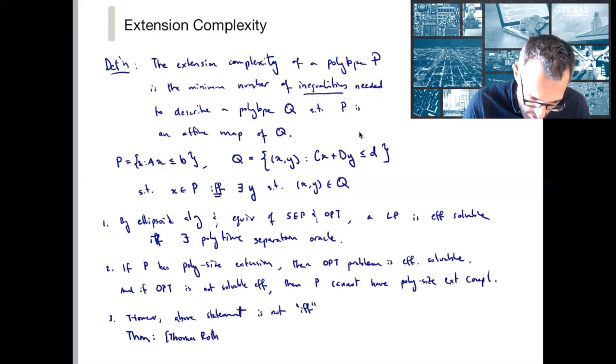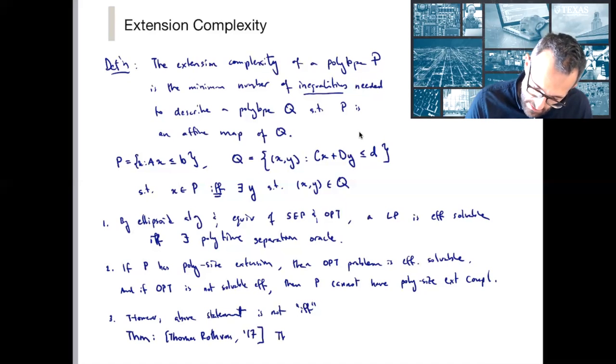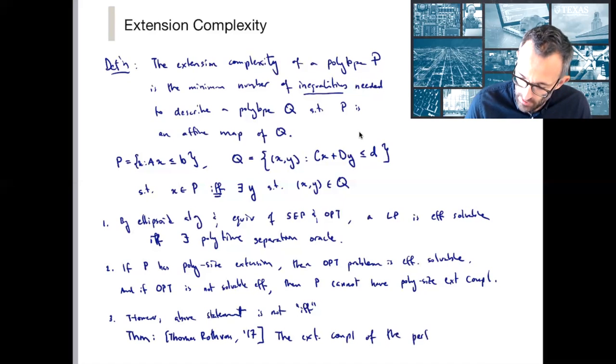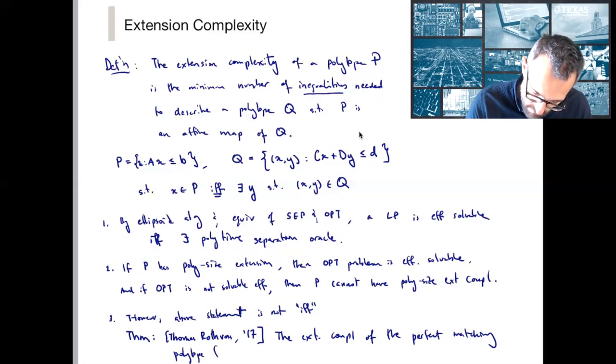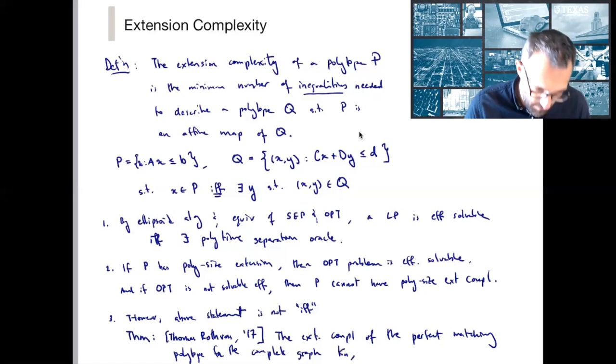2017, so pretty recently, that says that the extension complexity of the perfect matching polytope for the complete graph is exponential.